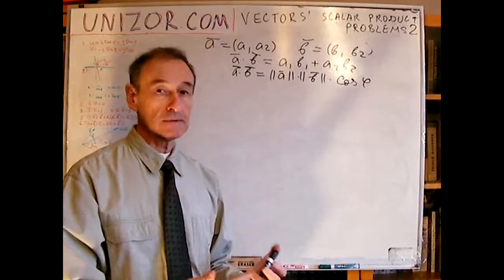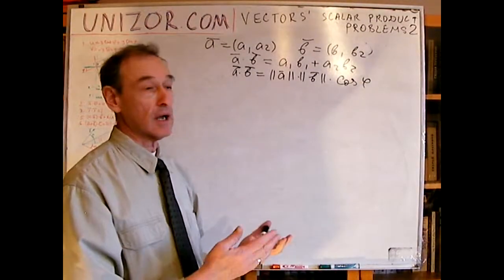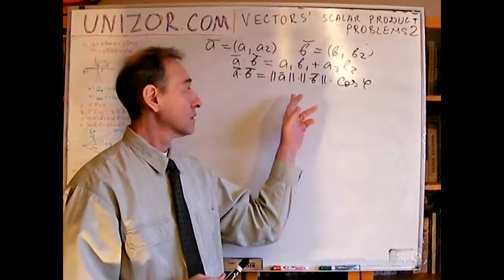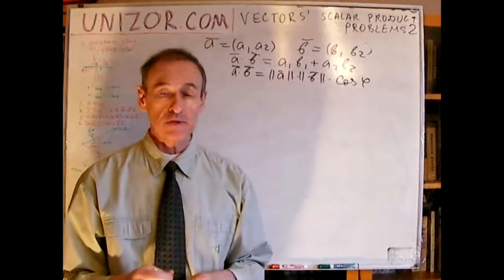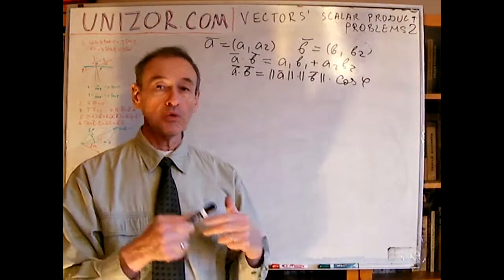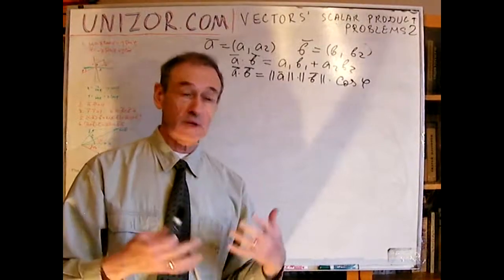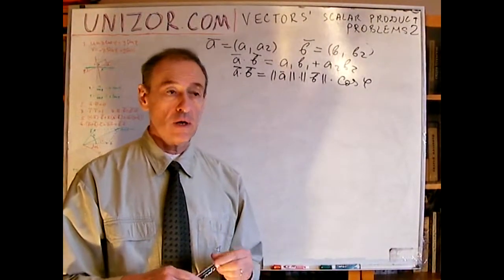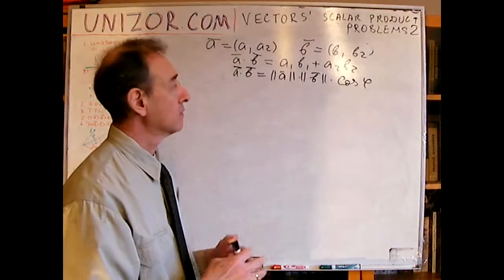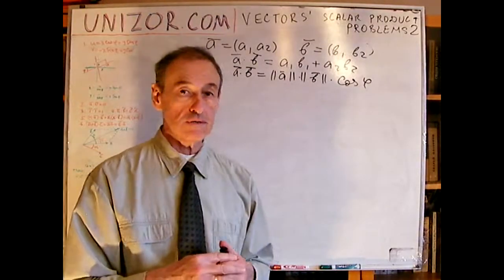So let's consider that we have defined our scalar product as this: length times length times cosine of the angle between them. Can I derive all these very useful and nice properties which we put in the beginning as a foundation? Can I derive all these from the formula?